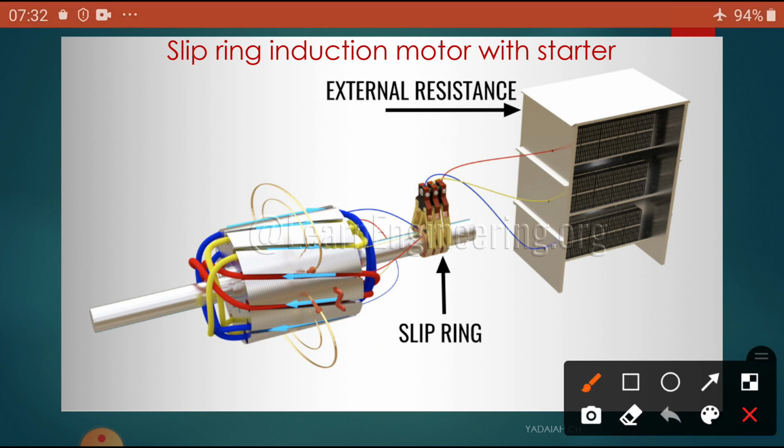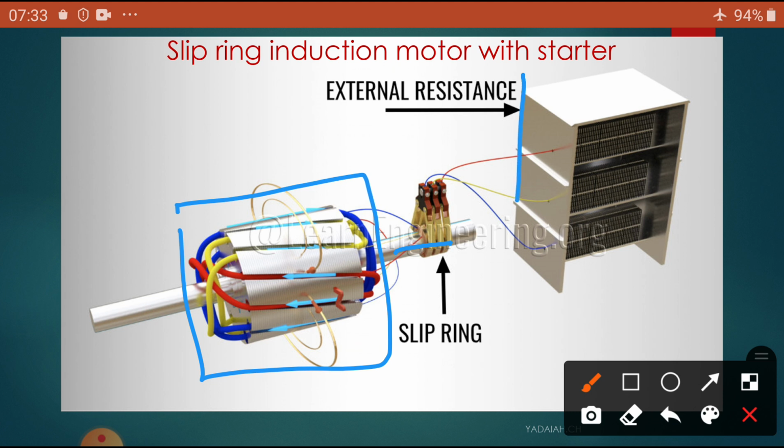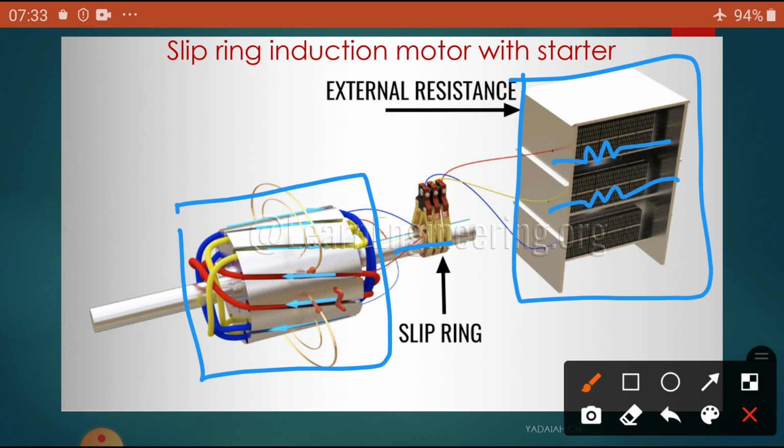It is the rotor winding, a 3-phase winding: R phase, Y phase, B phase. These windings are star connected, and the other terminals are connected through the slip rings. From the slip rings it is connected to the external resistance box. It consists of resistance for the R phase, Y phase and B phase.